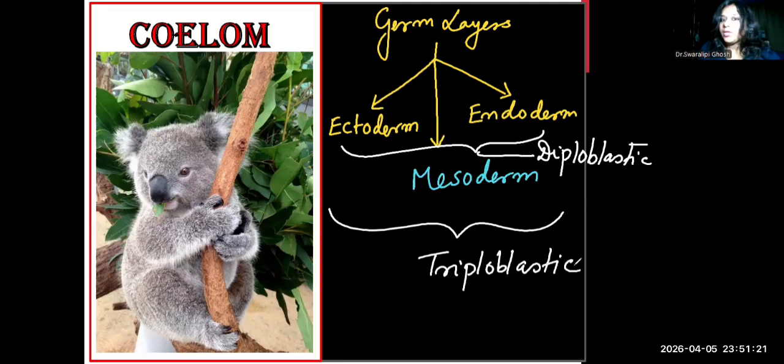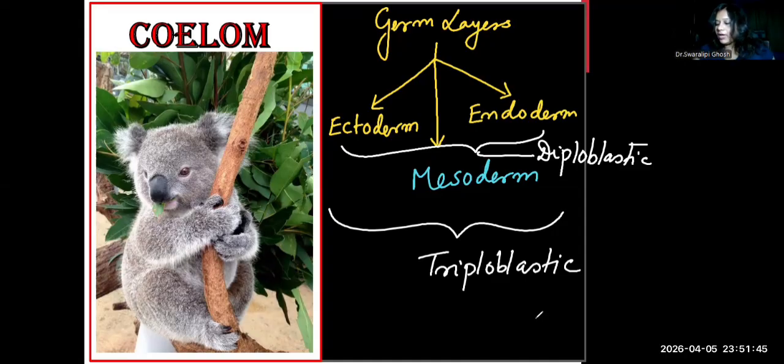Done. And I've just now told you the examples: diploblastics are the cnidarians or coelenterates and the ctenophorans, right? And the triploblastic, that is from the flatworms or the platyhelminthes up to the chordates, we will call all of them triploblastic.